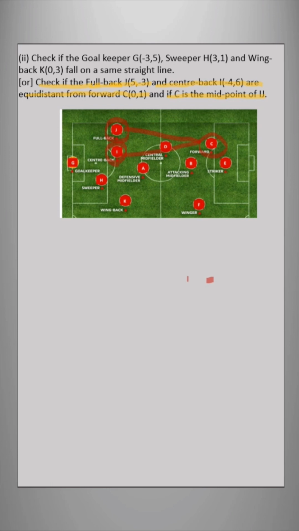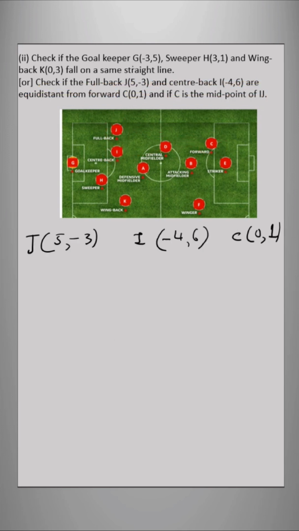Now let us check. If J and I are equidistant from C, then what should happen? CJ is equal to CI. Now we have to use the distance formula D, which is equal to square root of (x2 minus x1) the whole square plus (y2 minus y1) the whole square. Now let us find CJ.